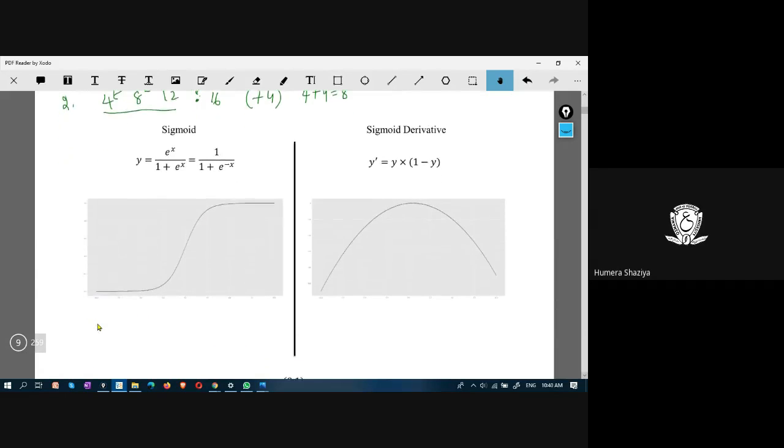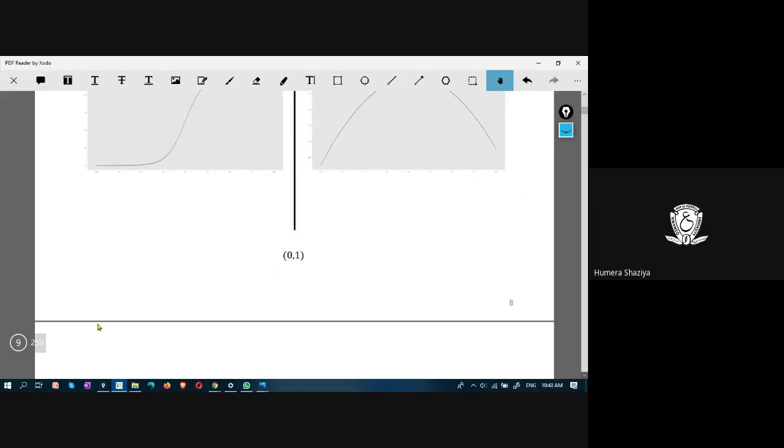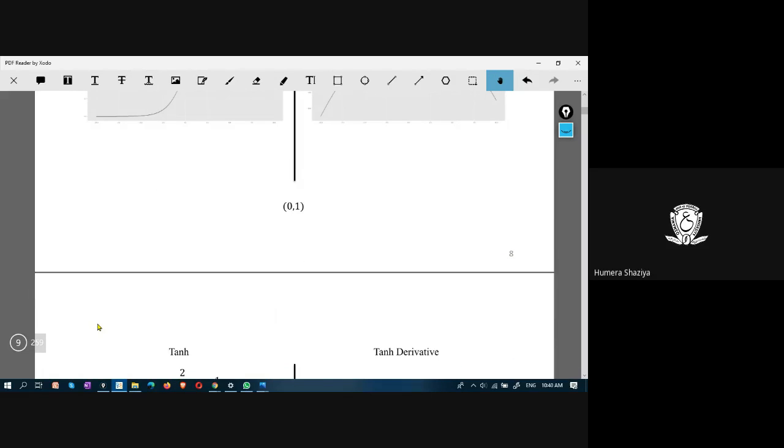The recurrent neural network model can be arranged in various forms. You have one to one. In this one to one form, this is nothing but architecture types.